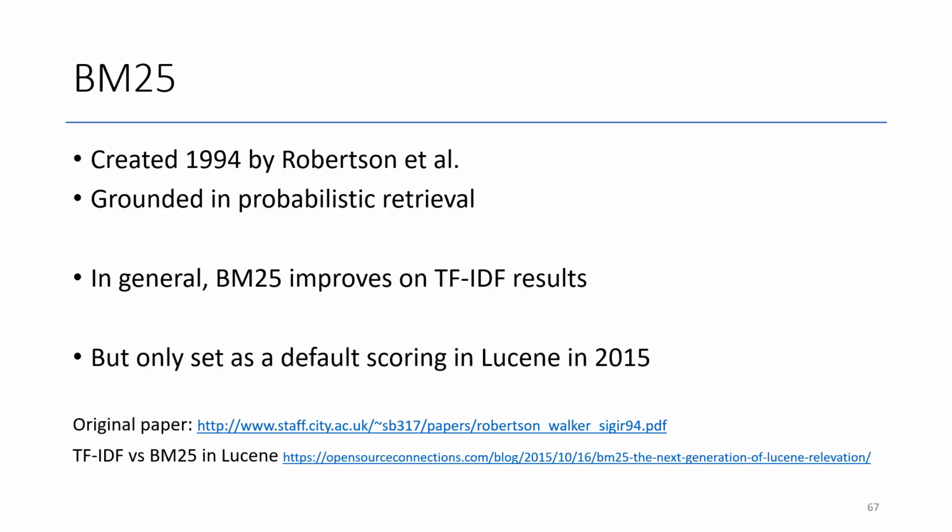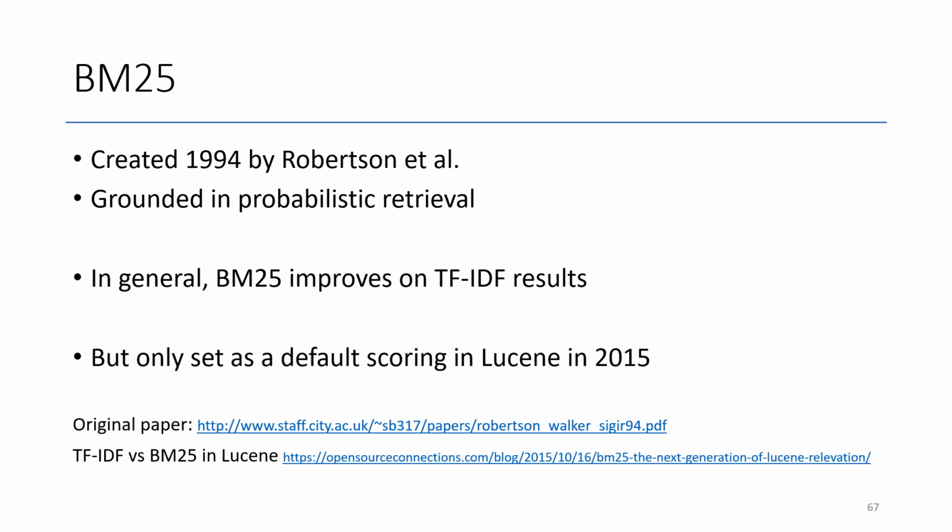Now, our main improvement today over the TF-IDF baseline is the so-called BM25, or Best Match 25, scoring model that has been the backbone of many, if not most, open source search engines for the last 30 years. It was created in 1994 and it's grounded in probabilistic retrieval.